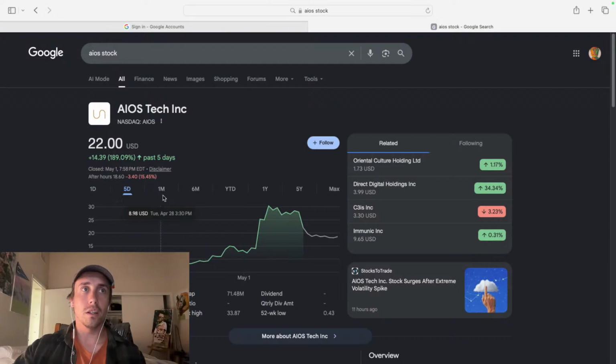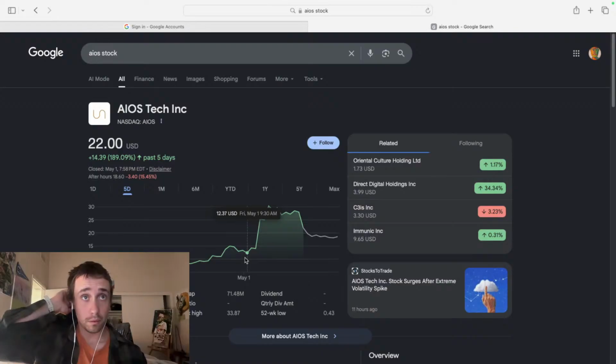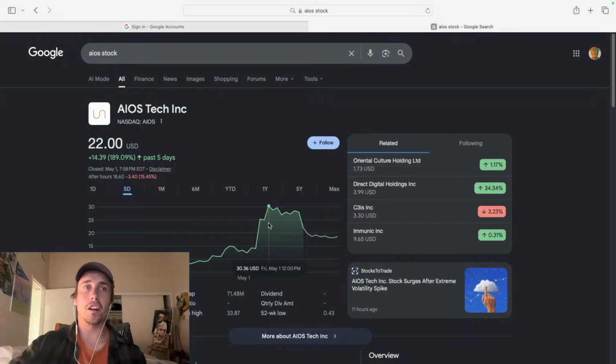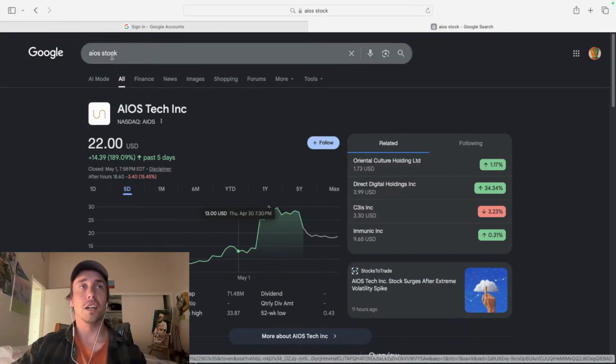Well, that's not... Yeah, that is. Whoa. So from Friday at the bell to the peak on Friday, it went up. Whoa, in an hour and a half, it doubled. That's pretty crazy.